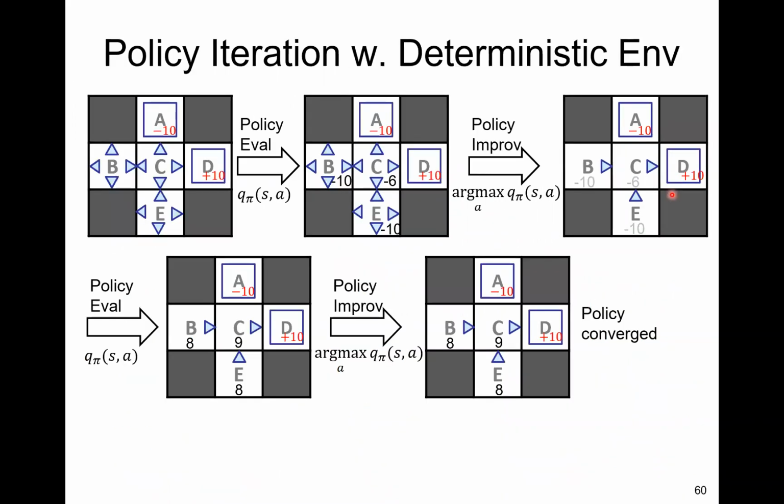Just to clarify, this is the process for policy iteration with a deterministic environment. You first evaluate a random policy, improve the policy to be a deterministic policy, update the value functions by policy evaluation, and then improve the policy again, until the policy has converged.